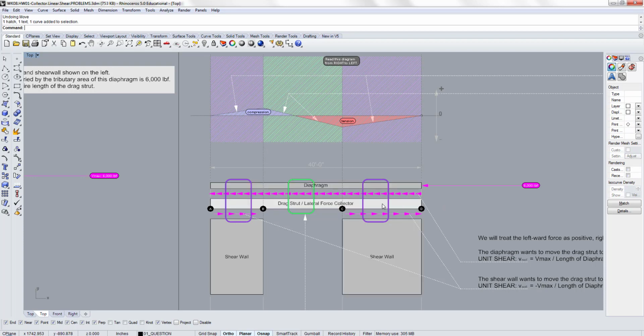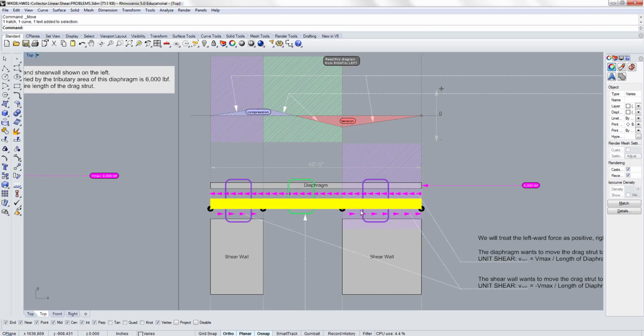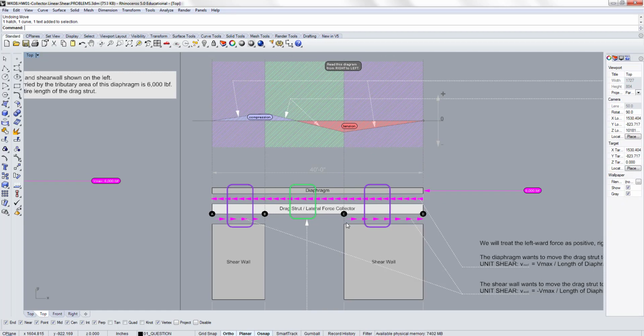So it makes sense that this portion of the drag strut is being pulled away, so the tension is accumulating up to point C, where the shear wall ends. So the tension is maximum at this end point of the shear wall.